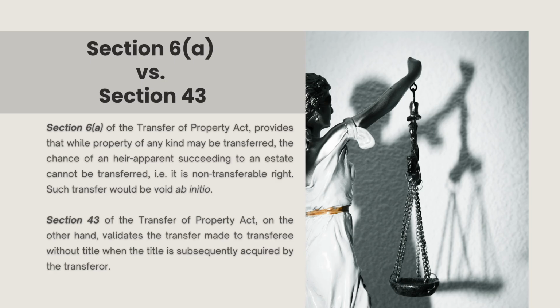Section 43 of the Transfer of Property Act, on the other hand, validates the transfer made to a transferee without title when the title is subsequently acquired by the transferor. In instances where the proposed transfer is a spes successionis, that is, a potential right to inherit, the question arises whether the transferee will be entitled to seek protection of Section 43.